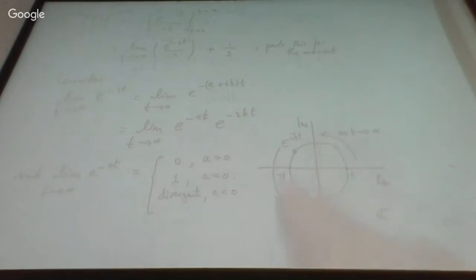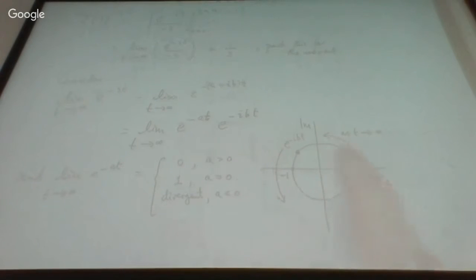So if you've got one factor spiraling round and round the unit circle, and the other factor sometimes converging to 0, sometimes stuck at a constant value 1, and sometimes diverging, how is the whole thing going to behave? Well, when you multiply these two together, if you're in the case a greater than 0, the first factor is converging to 0.